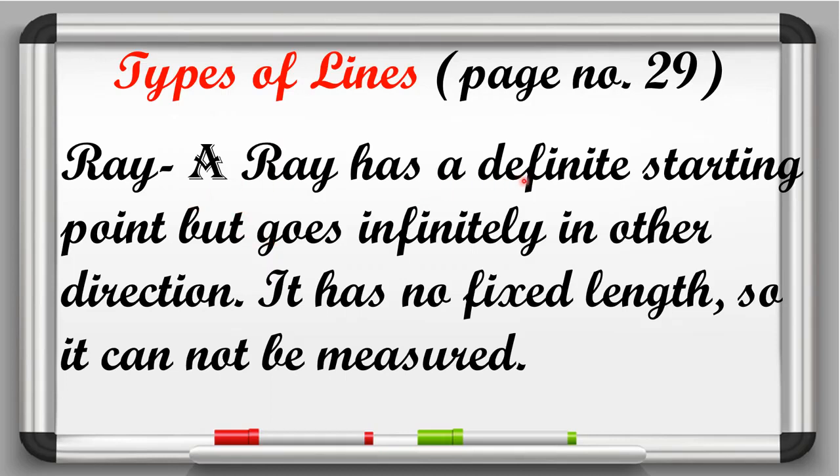A ray has a definite starting point, but goes infinitely, it can go anywhere, in any direction. It has no fixed length. Its starting point is fixed, so it cannot be measured, because its end point is not fixed.